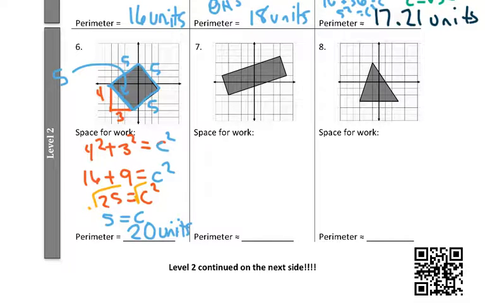I believe on the area homework, we found out that the area was 25 units squared. So if we had redrawn the squares in a different way, it turns out that there would be exactly 25 on the inside. But we weren't looking at the inside in this homework. We're looking at the outside of this homework.